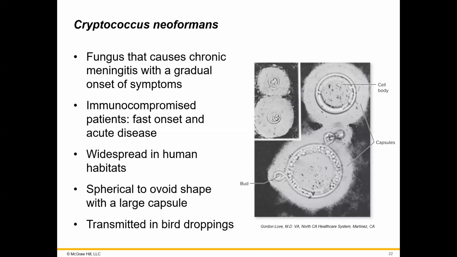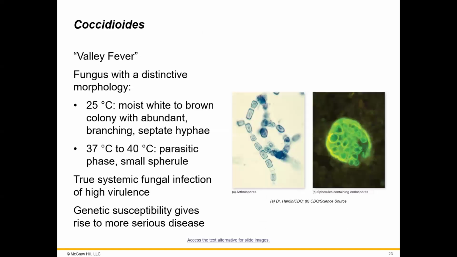Immunocompromised patients will have a fast onset. They usually have an acute version of the disease as opposed to the chronic one, and it'll be much more severe and can be deadly. So HIV predisposes you to being susceptible to it. Coccidioides. Coccidioidomycosis is a fungal infection caused by Coccidioides immitis, which is a fungus.